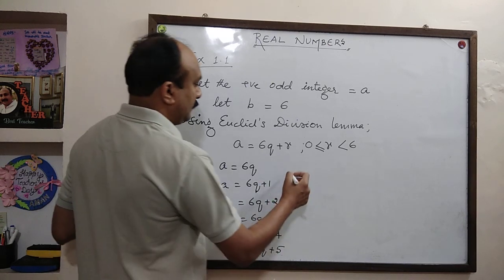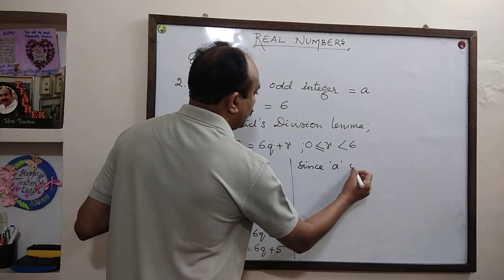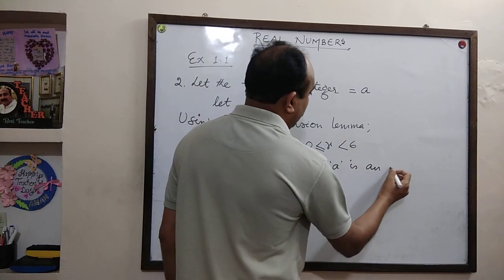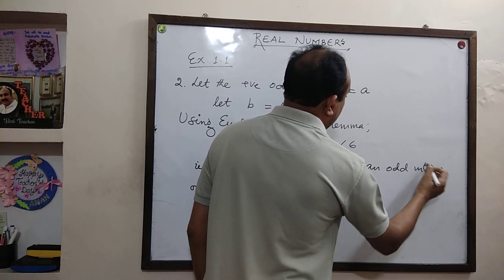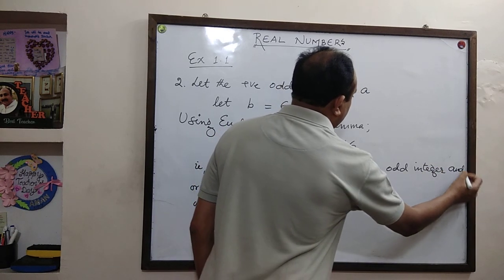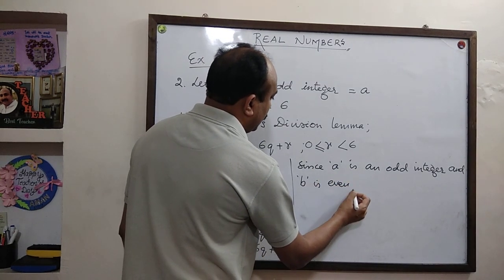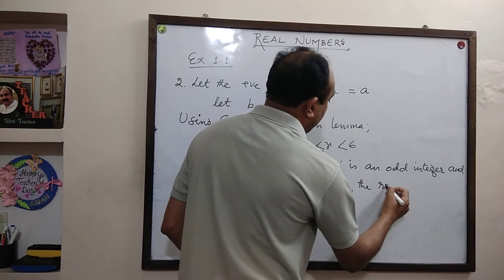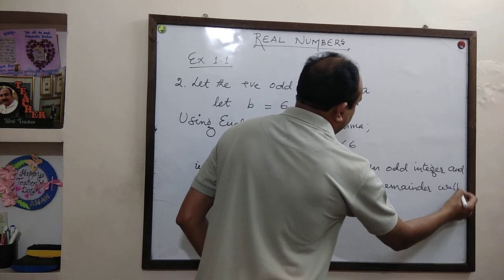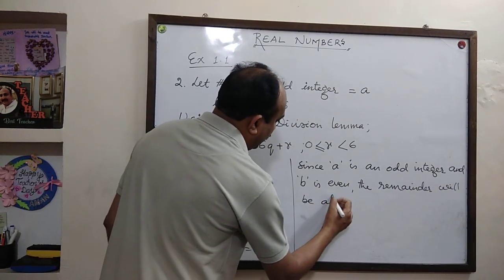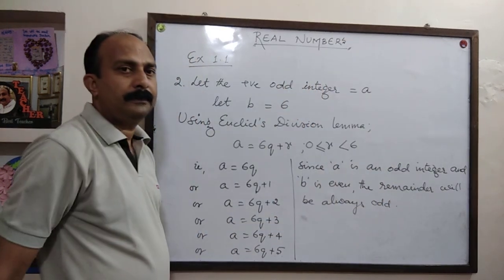Since A is an odd integer and B is even, the remainder will always be odd.